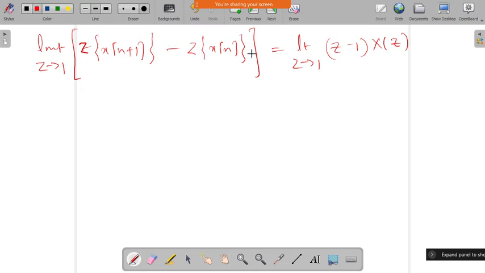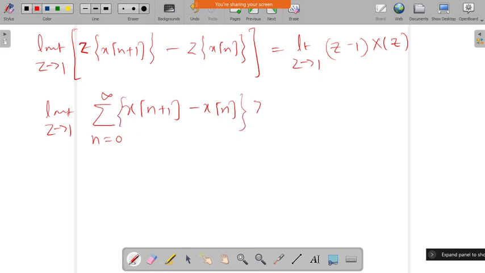Now I need to get the final value of the time domain signal from this. So I will write the summation, n equal to 0 to infinity, because x[n] is a causal signal, of x[n+1] minus x[n]. I am taking the z transform of both signals together.